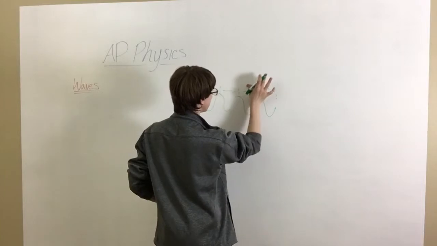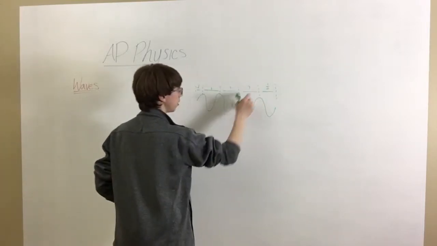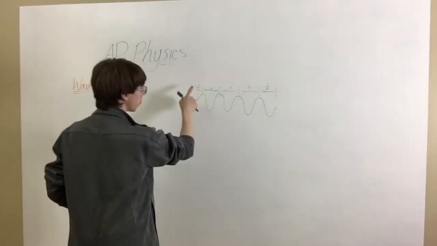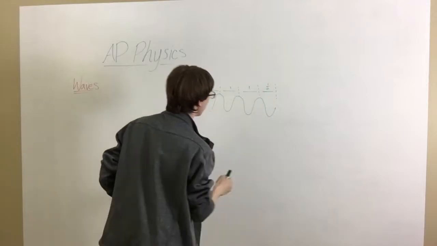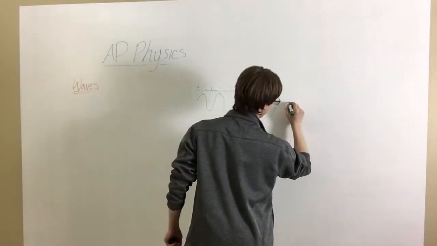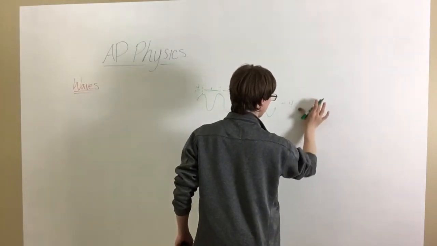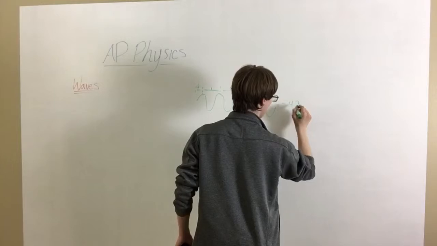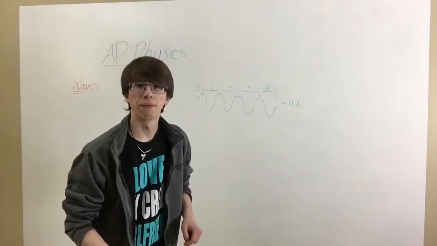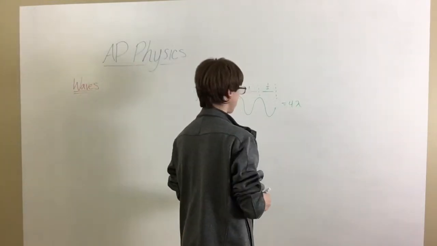So this is 1, and that's 1, and that's 1, right? So we have 1/2, 1, 1, 1, and 1/2. Well, that adds up to 4 wavelengths. And the symbol for wavelength is lambda, which is a Greek letter that looks somewhat like this, which is 4 lambda.